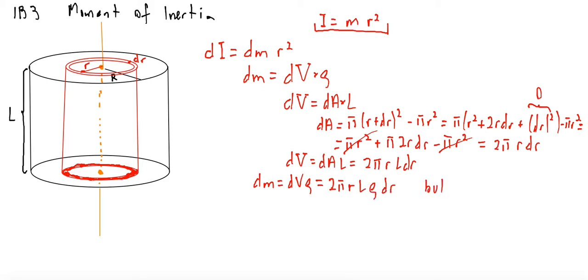But what is rho? Rho is density, so this is total mass over total volume. The mass of this huge cylinder is m, but what is the volume?